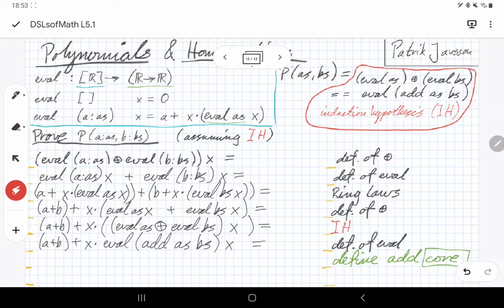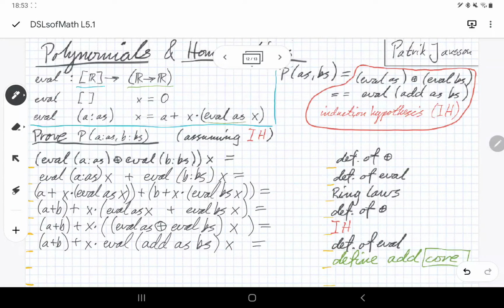And that's exactly this rule again, but backwards. So here, the a is a plus b, the as is add as bs, but the x is just x.